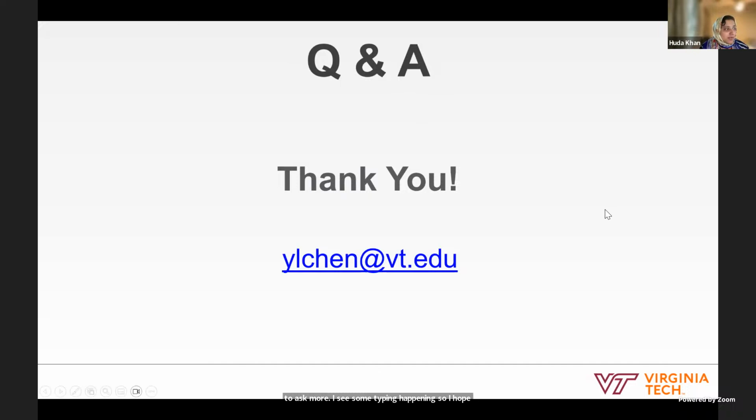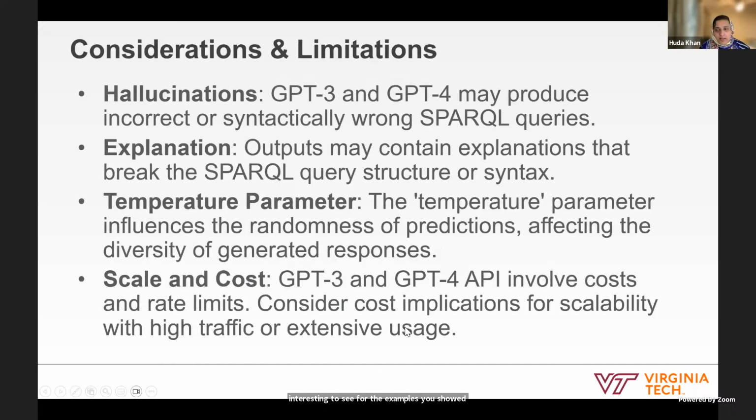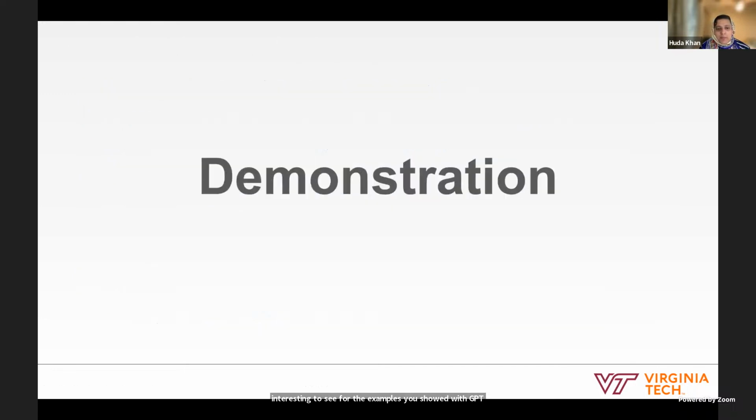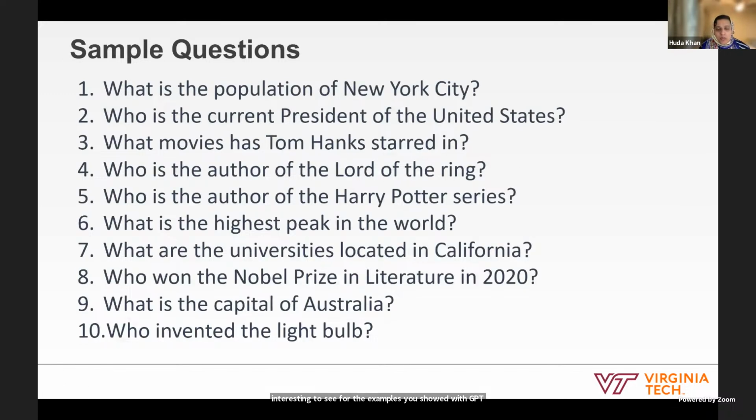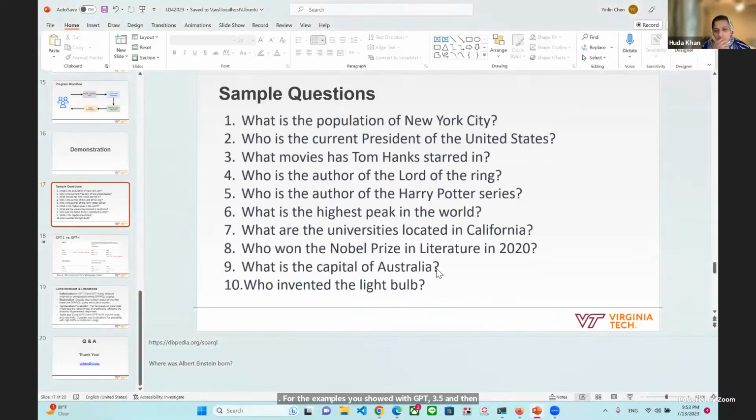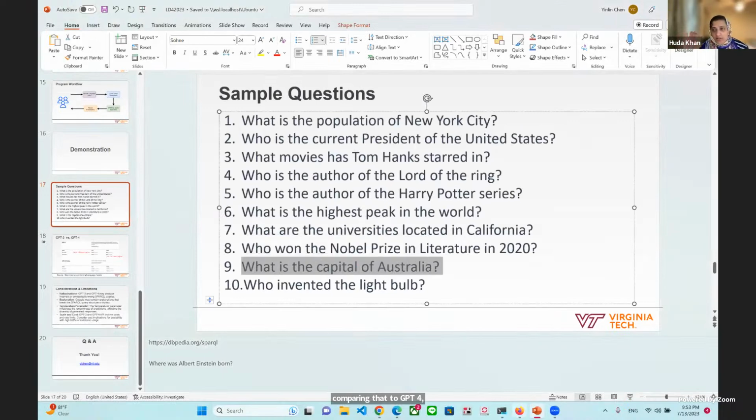One question that I had was, it was interesting to see in the examples you showed, comparing GPT 3.5 to GPT 4. In your demonstration, the GPT-4 Sparkle query used prefixes for the namespaces, whereas the one for GPT 3.5 used the fully qualified URI for each of the entities, and they're both correct. I was wondering why that difference happens, or if that's normal.